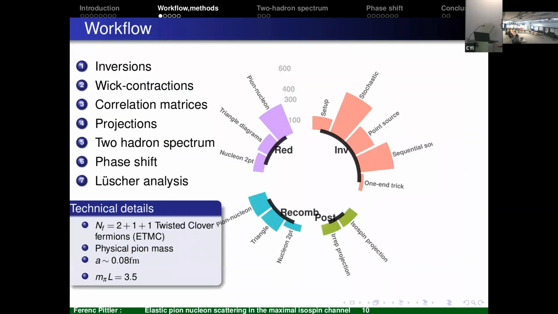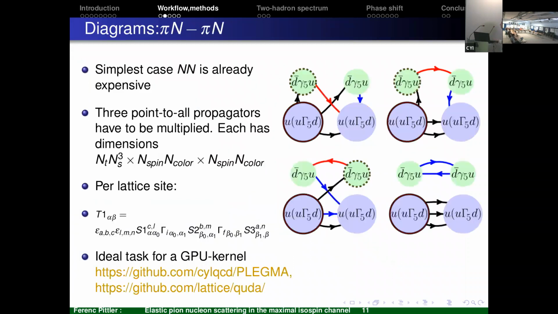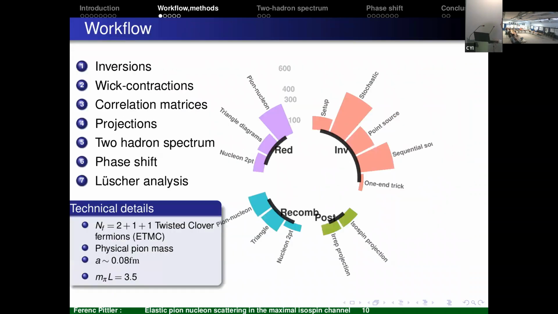Then this is basically our workflow. First we compute diagrams, which basically means we are doing inversions of the Dirac matrix and Wick contractions. Then we produce correlation matrices from the diagrams.